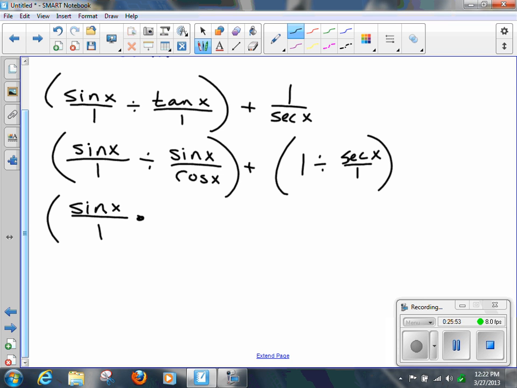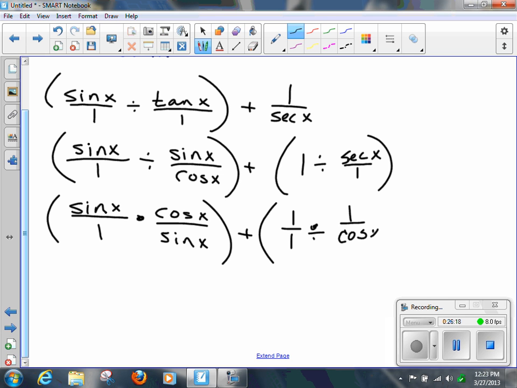Copy, change, flip. Y'all with me so far? You see what I'm doing, yes or no? Okay. Can't cancel out anything, not yet. Hold on. Secant is really 1 over cosine, right?